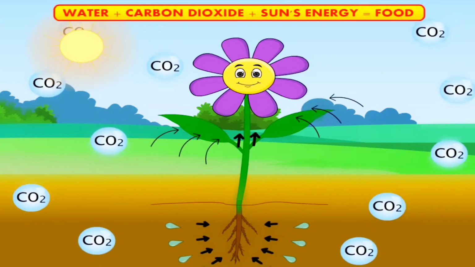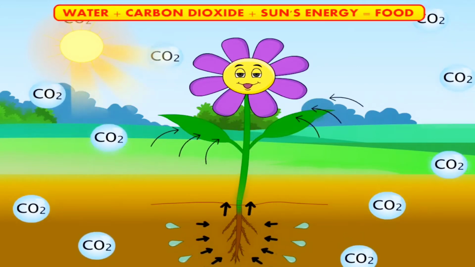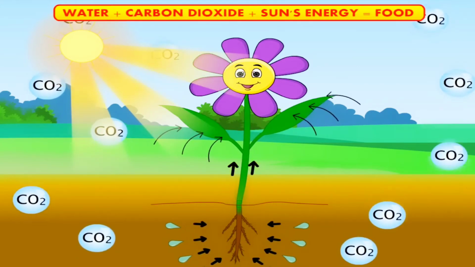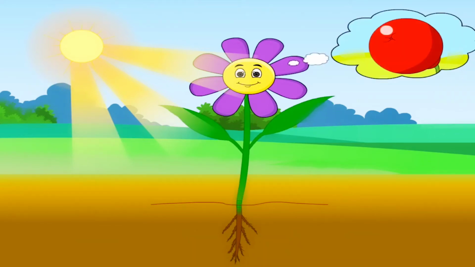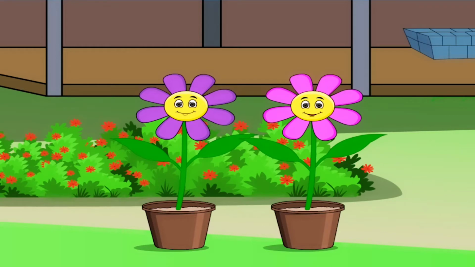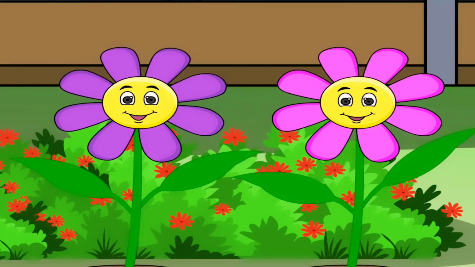So, we use water and the carbon dioxide to make food with the help of energy from the sun. We use this food to grow and make seeds. Wow! So I can make my own food too. You can if you get plenty of sun, soil and water. Done! I'm going to soak up the sun from now on.